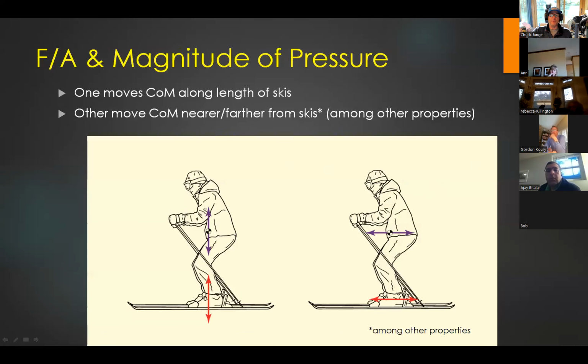All right, magnitude of pressure. And I'm going to keep this one really simple because we already talked about the more complicated magnitude that people have less understanding of with rotation and edging.